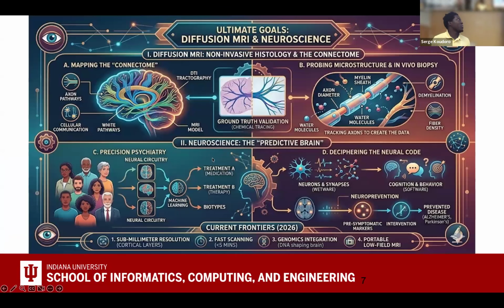Just a small reminder of why we are doing all of that. The ultimate goal is to help doctors to stop being speculative. Meaning that we don't want a doctor to say, I think there is this, but we want them to say, I can see this microscopic change, and because I see this microscopic change, this happened.